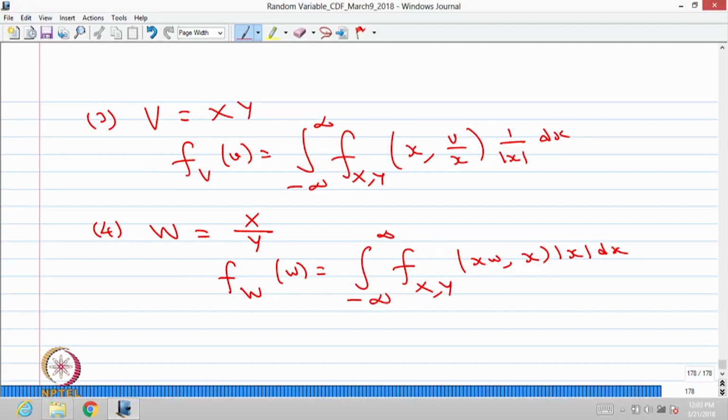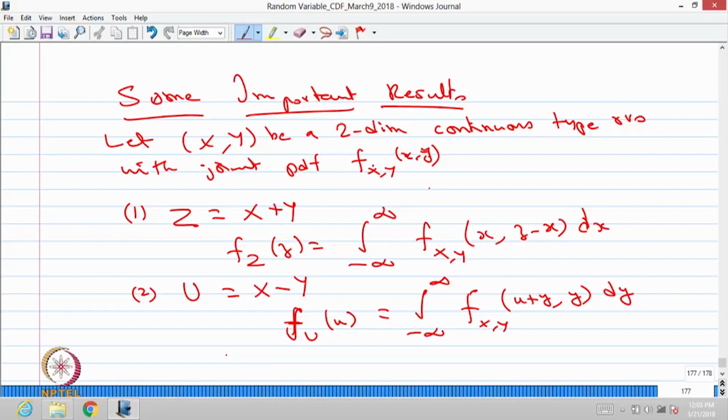You see, in all these four examples, we started with the two dimensional continuous type random variable and we define one random variable z or u or v or w. You can get the probability density function of z or u or v or w by using the previous theorem which I explained.